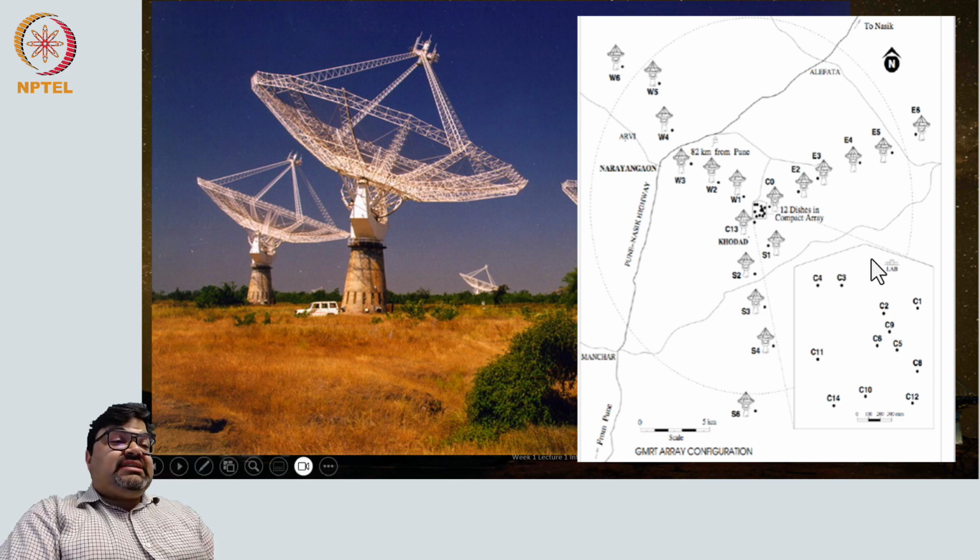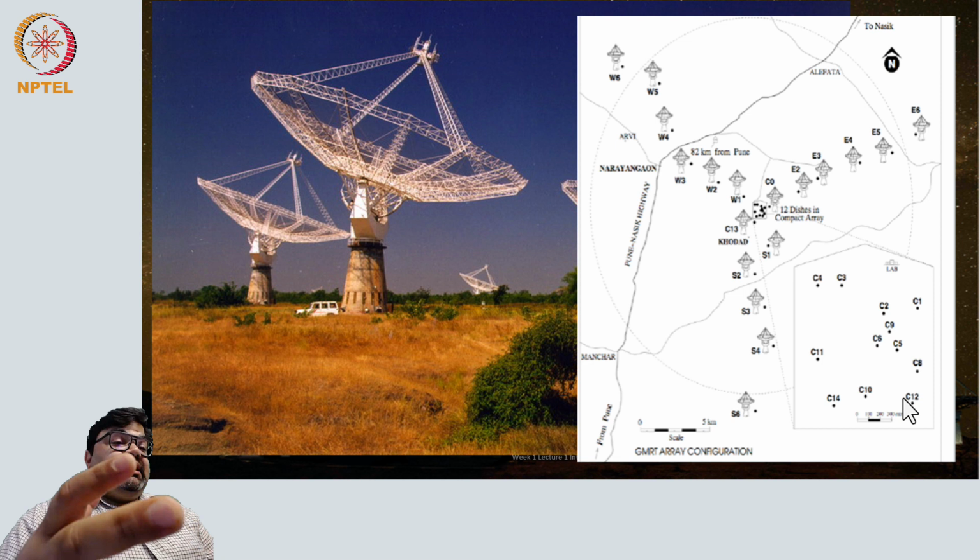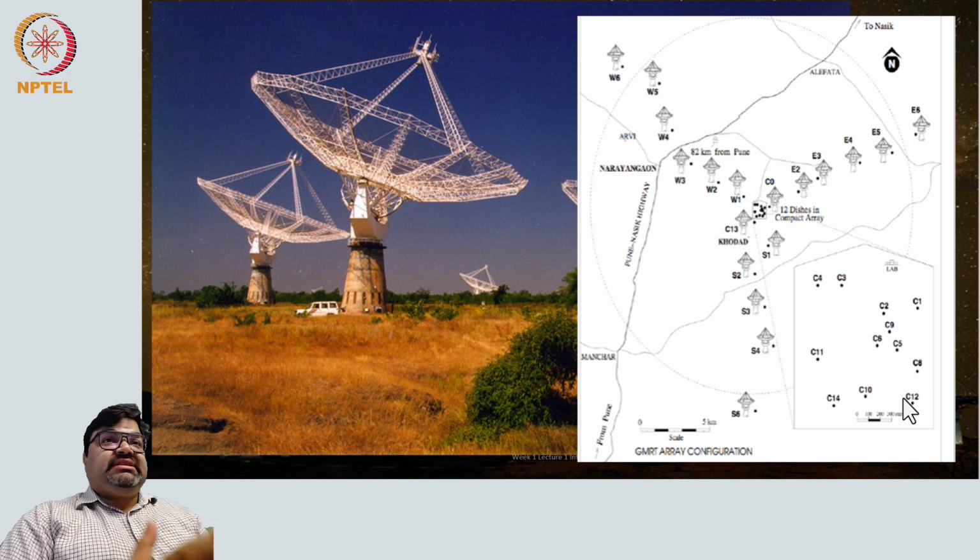Because they are fixed, there are a few more of them to serve the purpose. They have a dense central square core with about 1/3 of the antennas, and then they have 3 arms, which mimic the same as the VLA, 3 arms.